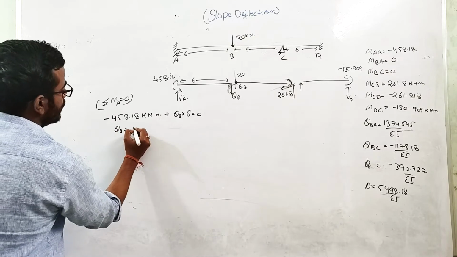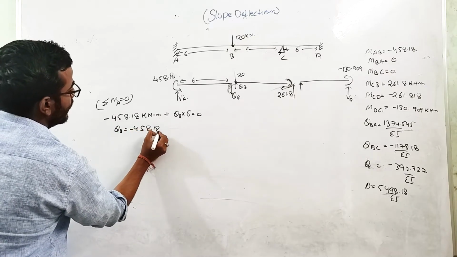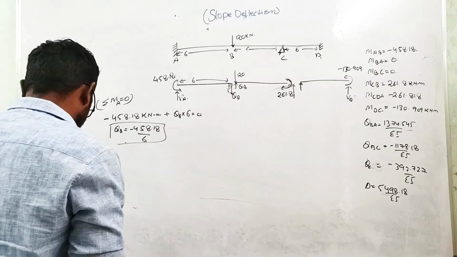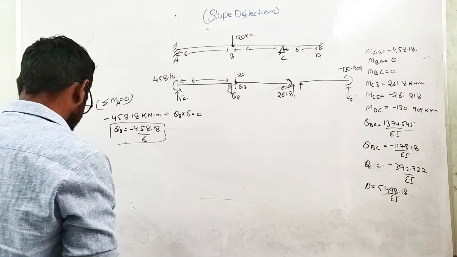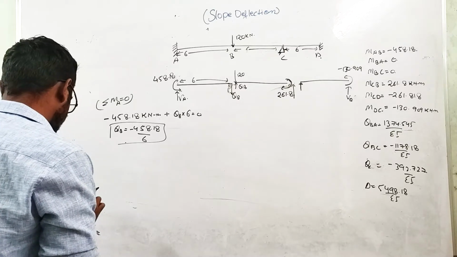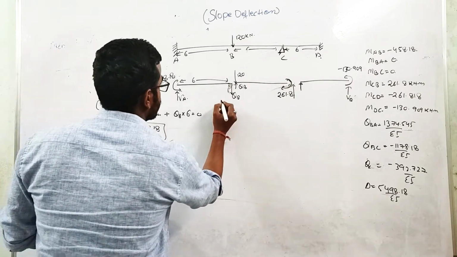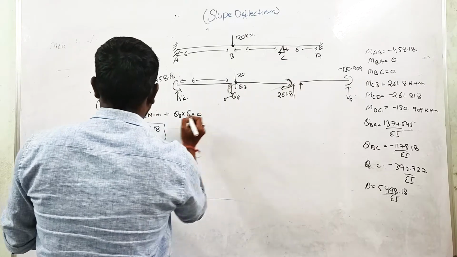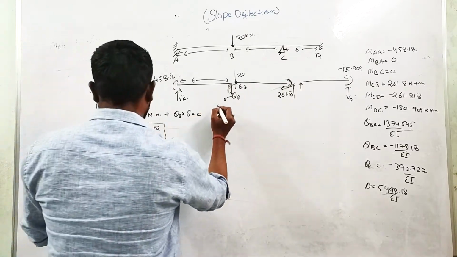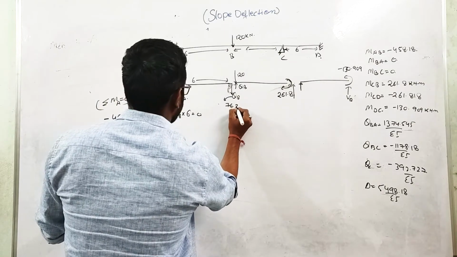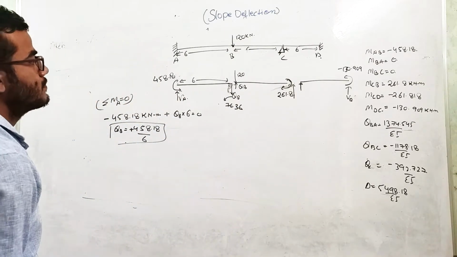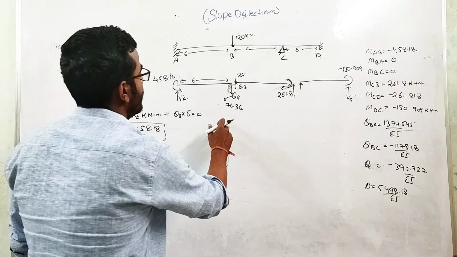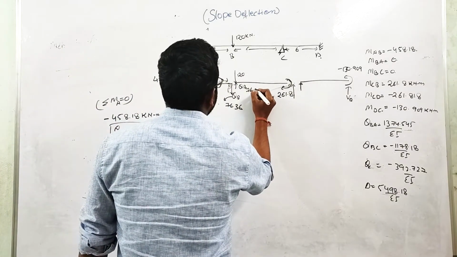So QB equals 458.18 over 6. This value is 76.36, okay, right? The same value will be there but in the upward direction, this is also 76.36.